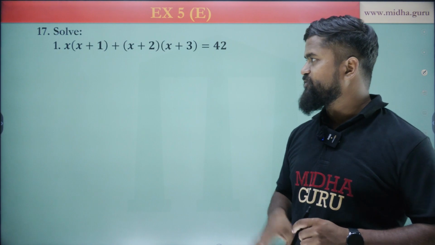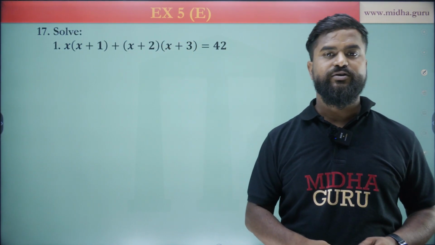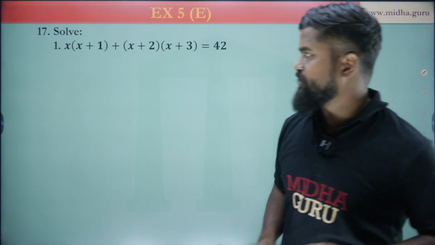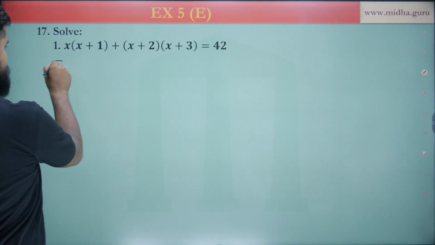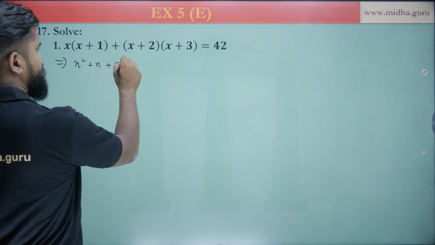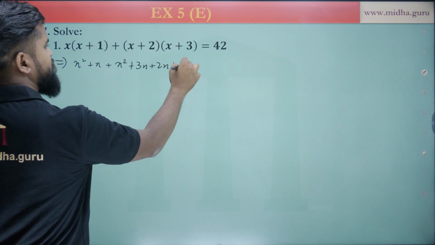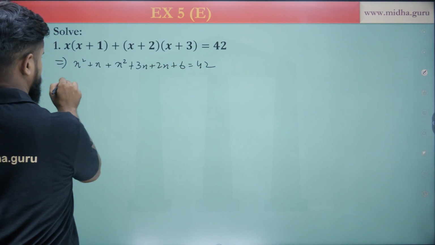The next question, the first part is x into (x plus 1) plus (x plus 2) into (x plus 3) is equal to 42. So first things first, we'll open the brackets. It will go like x squared plus x, plus if I multiply this becomes x squared plus 3x plus 2x plus 6 is equal to 42.